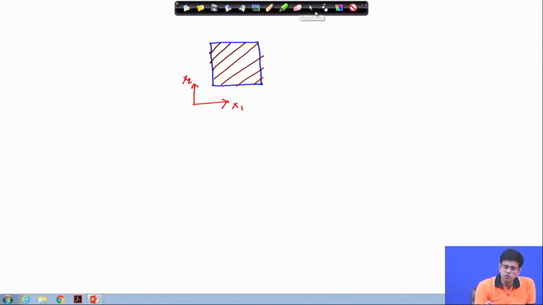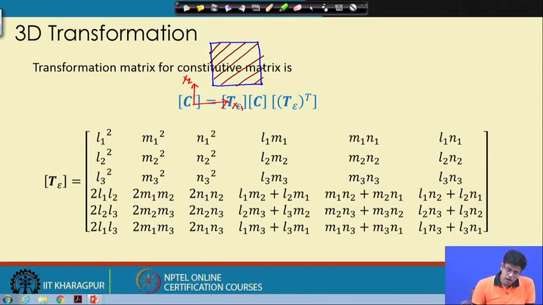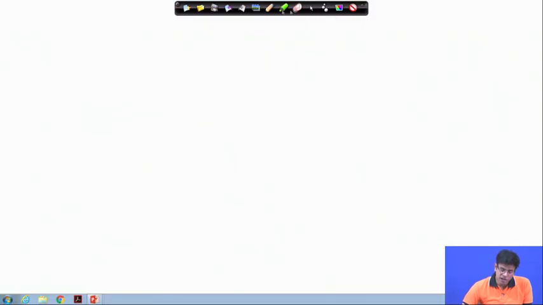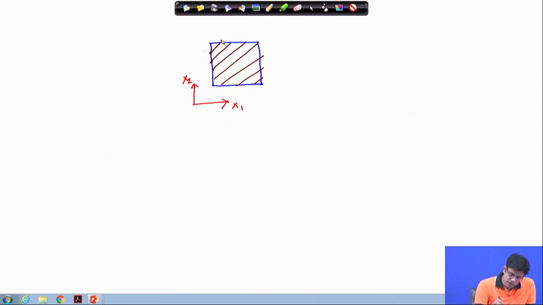Now what is available essentially is the material parameter along these axes, which are say x1 prime, x2 prime.